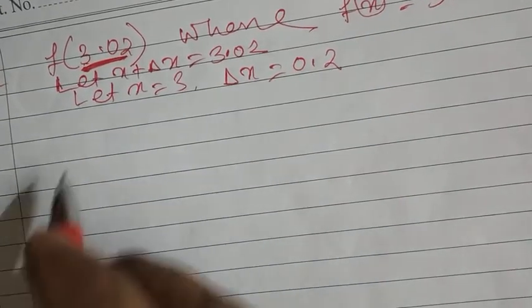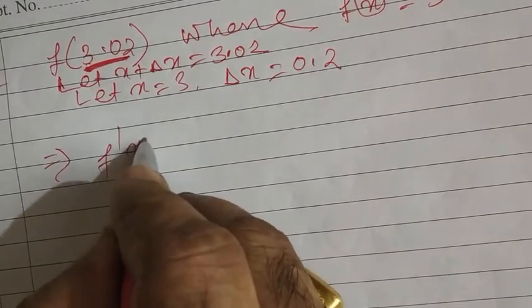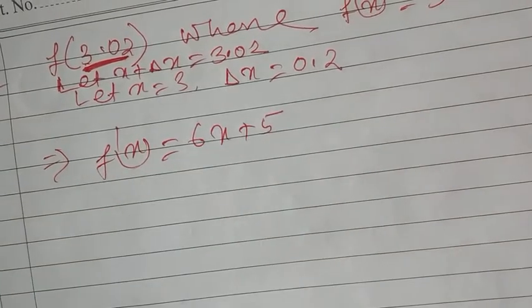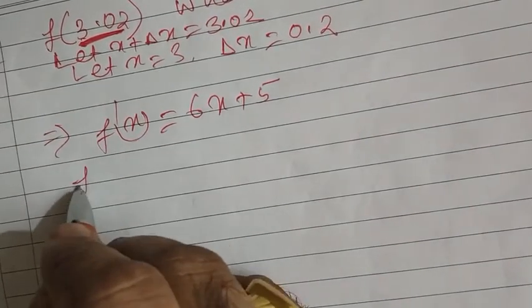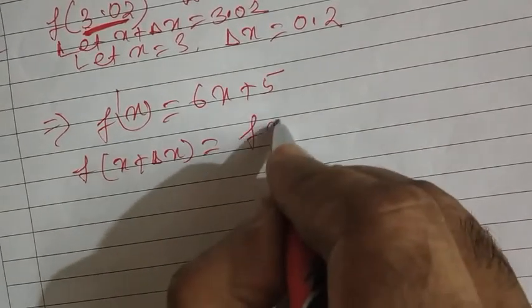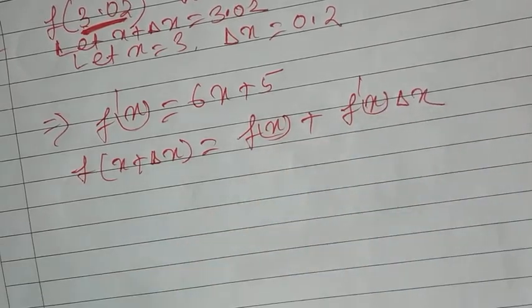Now obviously f dash x is 6x plus 5. Am I right? What is my formula? f of x plus delta x is approximately f x plus f dash x delta x.